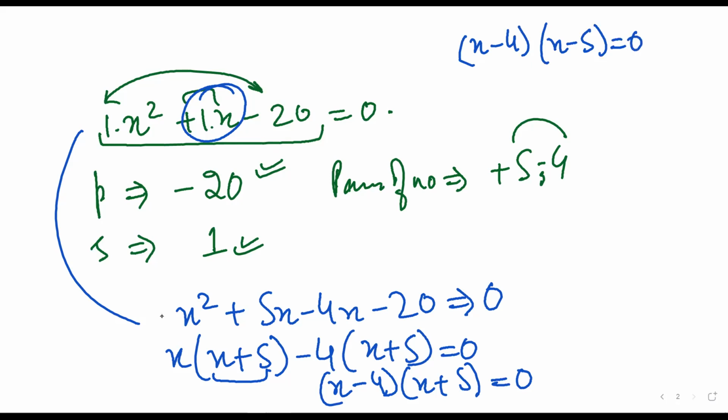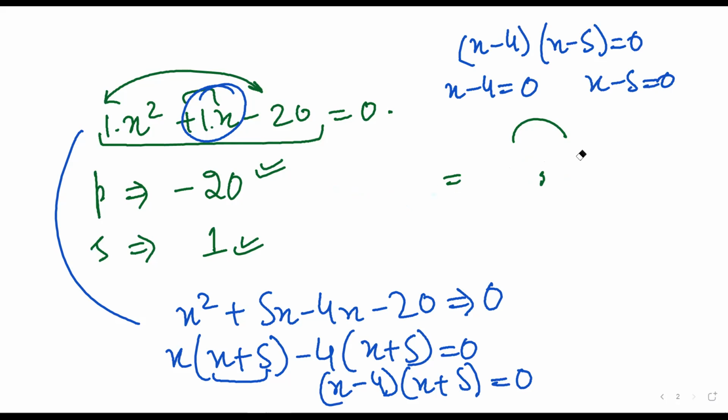Now, this is solving a quadratic equation with the help of factorization. So, either x minus 4 is equal to 0 or x plus 5 is equal to 0. Any doubt till here? No. And therefore, x is equal to 4 or x is equal to minus 5. This would be the solution of the quadratic equation. Mr. Sarthak, any doubt?